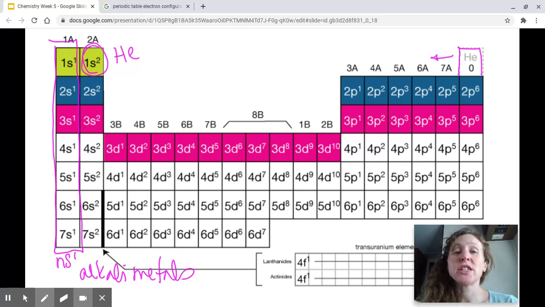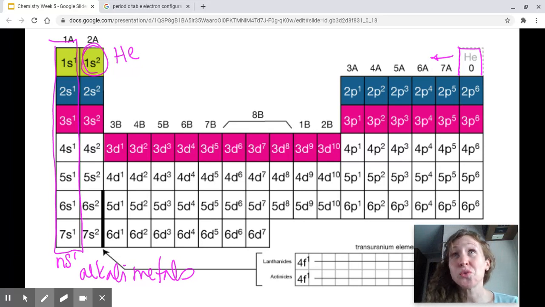When reactions start to happen, reactions happen because of valence electrons. Valence electrons drive reactions to happen, and they determine how elements are going to react. And since this whole family has a very similar electron configuration, they're all going to react very similarly to one another.